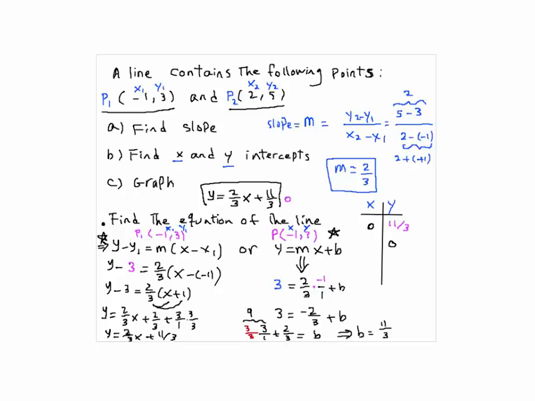So here we get 0 is equal to 2/3 x plus 11/3, right? And just simply solve for x. So what do we get? Here we get move 11.